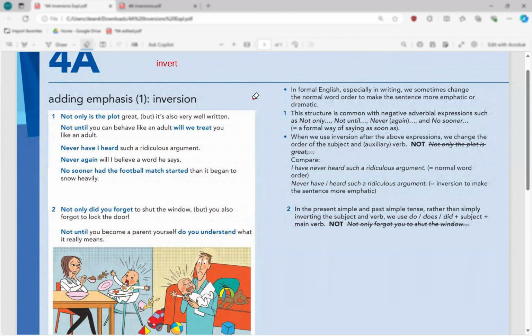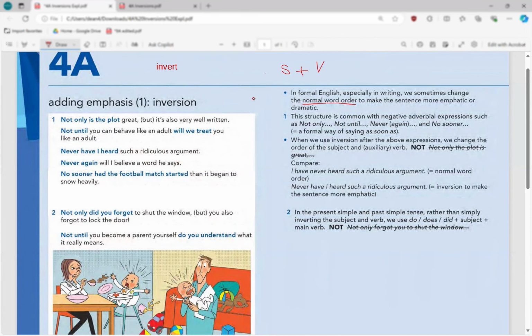Normal word order. So what does it mean? Normal word order in English language, subject. So let's say S is subject, they come before verb, main verb, right? Subject, they come before verb. That's the normal word order.